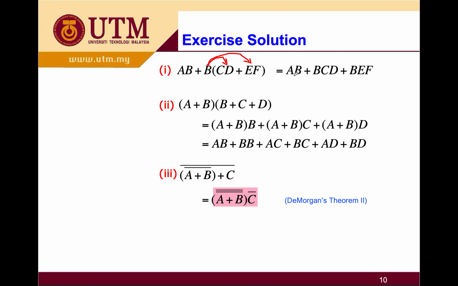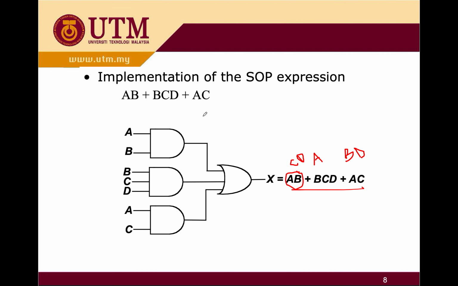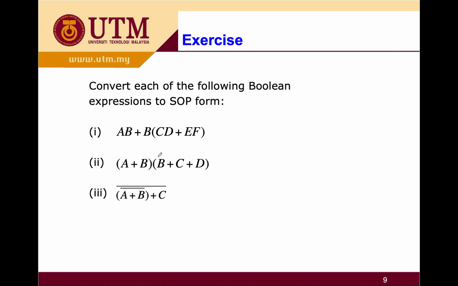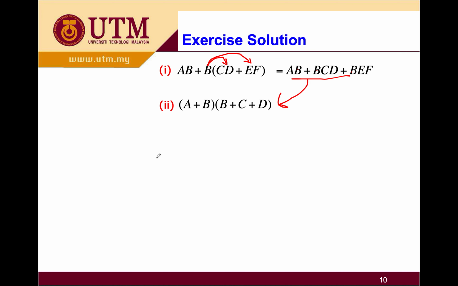After you are done with this part, you go into factorizing this back, because you can see over here there is B for all of this factoring. So you can also have like this: A plus B, then B plus C plus D. Oh sorry, this one is example number 2, because you have 3 examples.